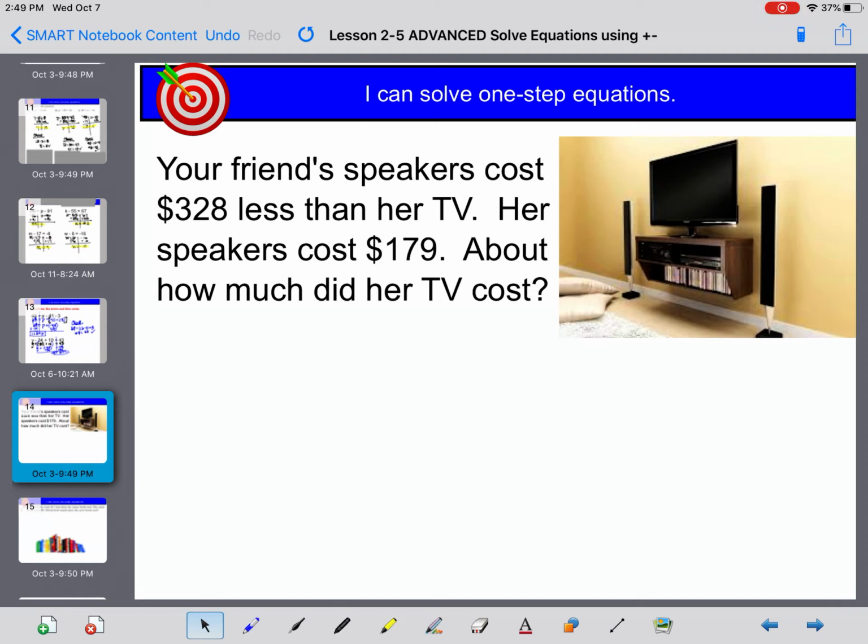Lastly, your friend's speakers cost $328 less than her TV. Her speakers cost $179. About how much did her TV cost? Read every word problem at least twice. Your friend's speakers cost $328 less than her TV. So let's name the variable t to represent the cost of her TV.